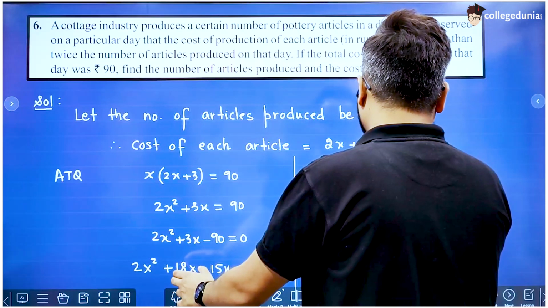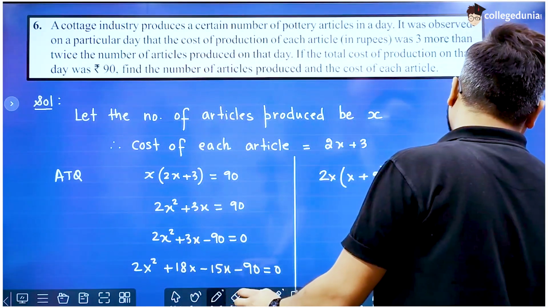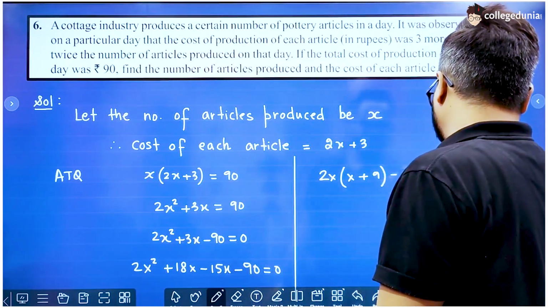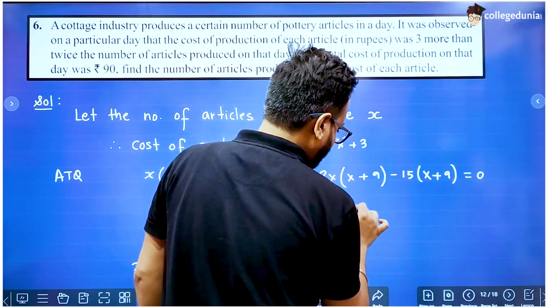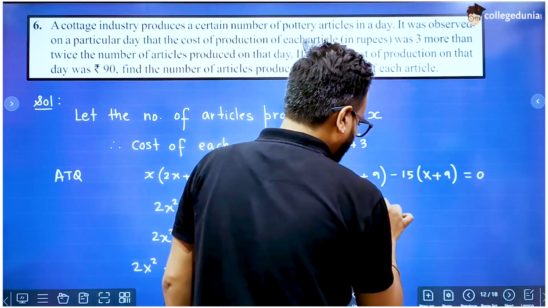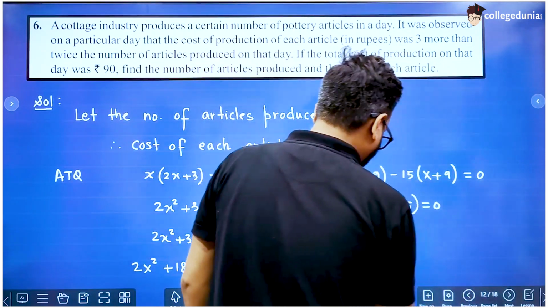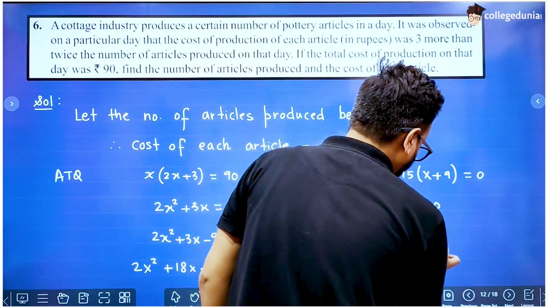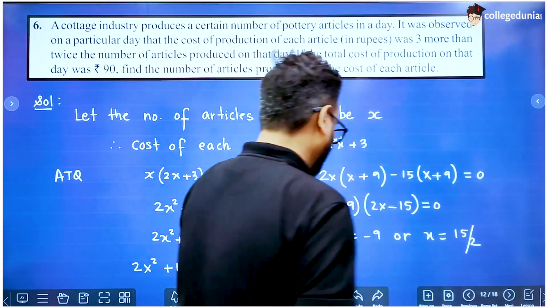So x plus 9, and write x plus 9 here also equal to 0, and write minus 15 here. So this is x plus 9 into 2x minus 15 equal to 0. So x equal to minus 9 or x equal to 15 by 2.